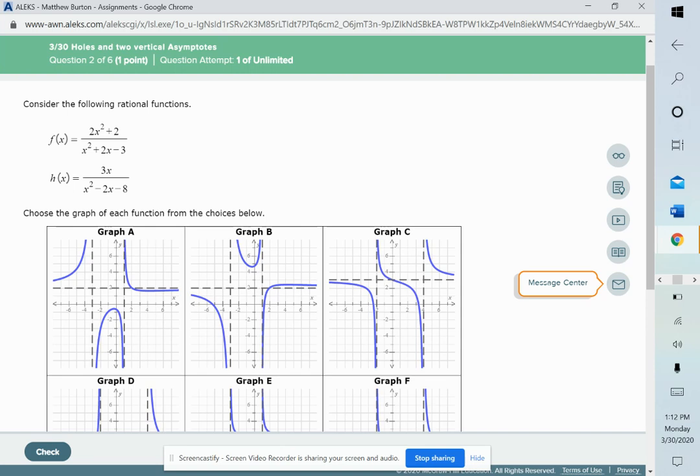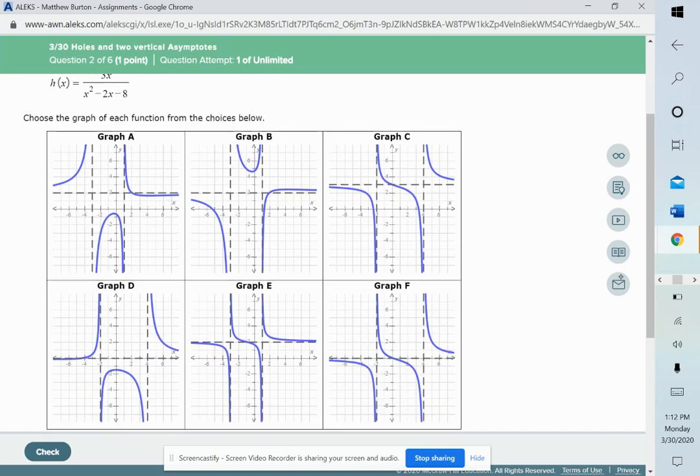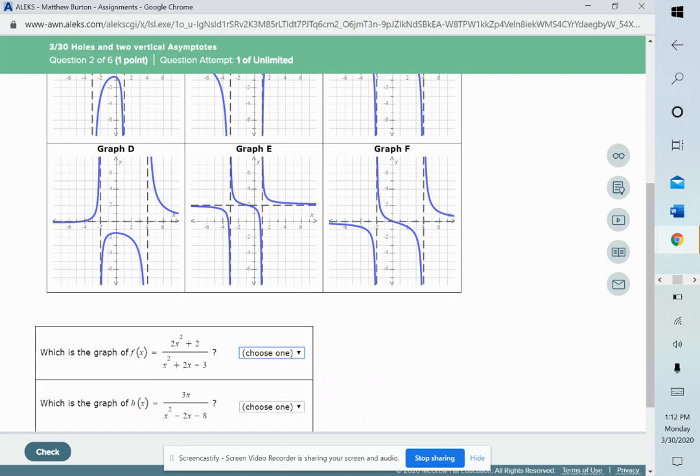So there's no x-intercept in F, and it's got a horizontal asymptote of 2. So A does not have an x-intercept. B has an x-intercept, so it cannot be B. And E has an x-intercept, so it can't be E. So by process of elimination, it has to be graph A.